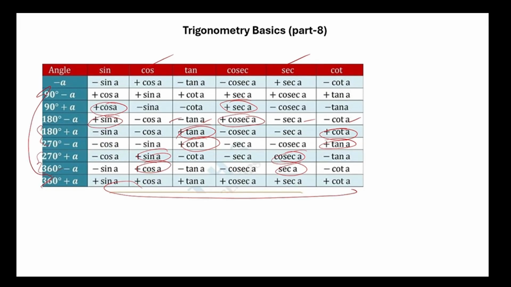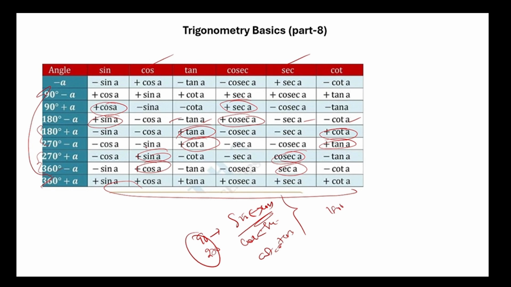So only for 90 and 270, the trigonometric ratios change from sine to cos and cos to sine, tan to cot and cot to tan, and cosecant to secant and secant to cosecant. For the other angles, the ratios remain the same.